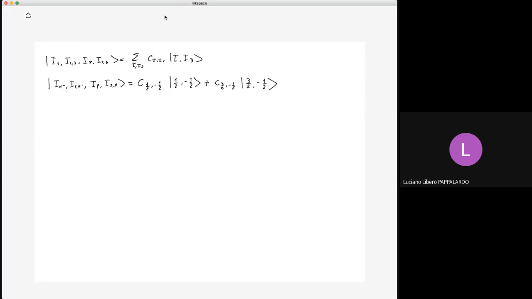And as you probably know, the Clebsch-Gordan coefficients squared are tabulated and grouped in subtables that we will see in a moment. But let me just draw here the structure of these subtables. So they look like this. Here we have the total isospin of the two components of our system. Here we have all the possible values of the total isospin, and here we have the third component.